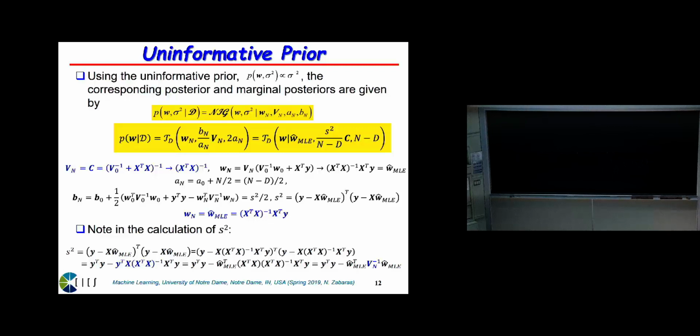N is the number of data, d is how many parameters you have, and S squared is the error that you make from the target values when you use the MLE estimate as W.